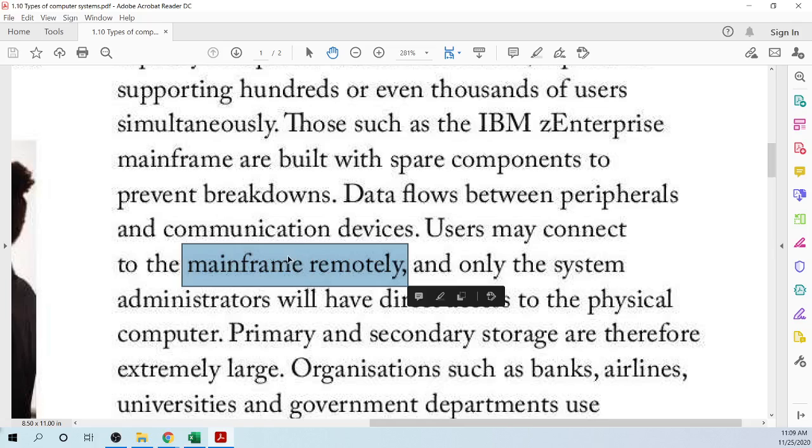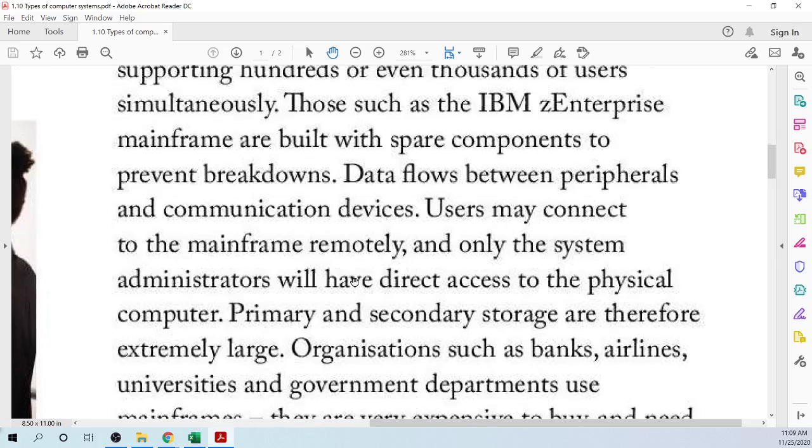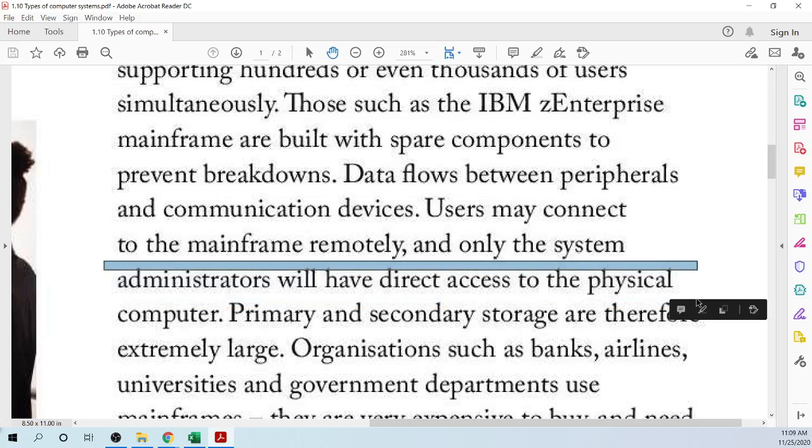You can connect to the mainframe computer remotely to carry out your work. And that is what most users would do. But obviously, if anything goes wrong, then you would have to physically go to the mainframe computer. So only the administrators would have direct access to the physical computer.